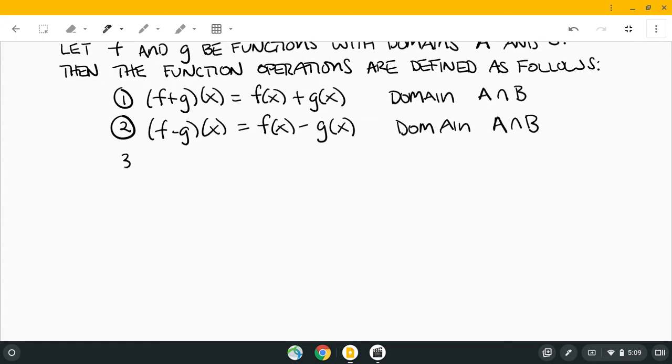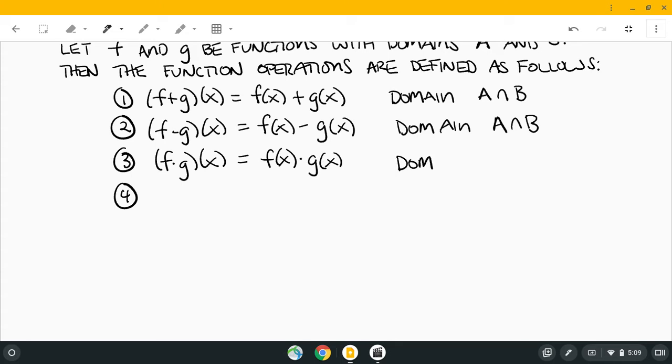And then we have multiplication and division coming up here. So we have (f times g)(x), and that's the equivalent of multiplying your f function times your g function. And your domain here is also the intersection of A and B. And then for division, f divided by g is the same as saying f of x divided by g of x.